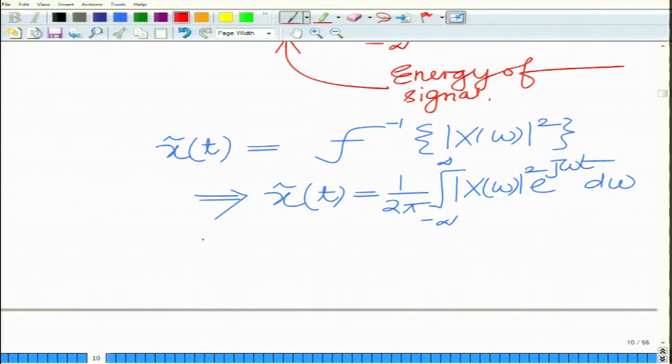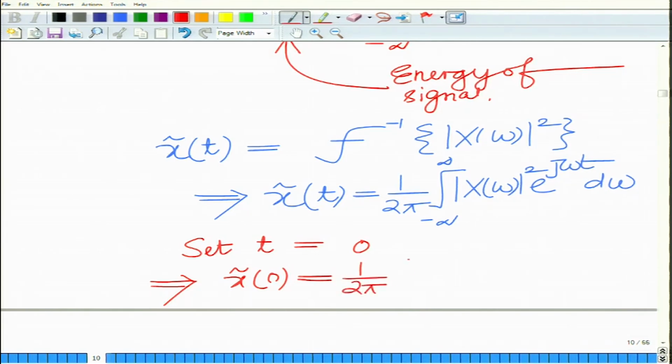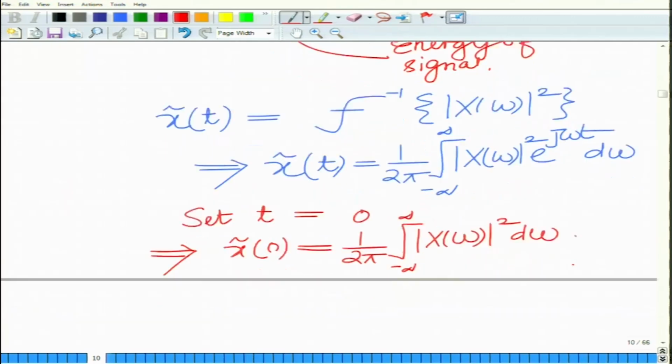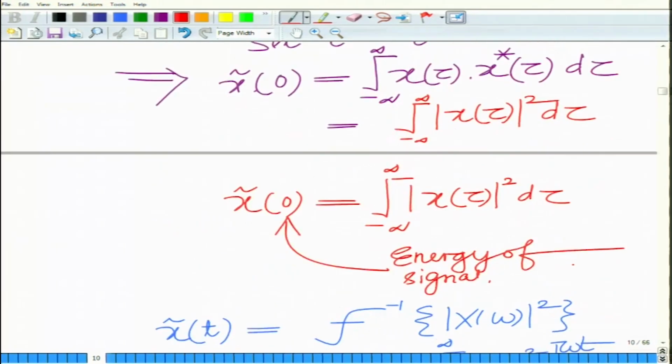Now, set t equal to 0 once again, and this implies x tilde 0 equals 1 over 2 pi, integral from minus infinity to infinity, magnitude x omega squared d omega. So, we have two relations here.